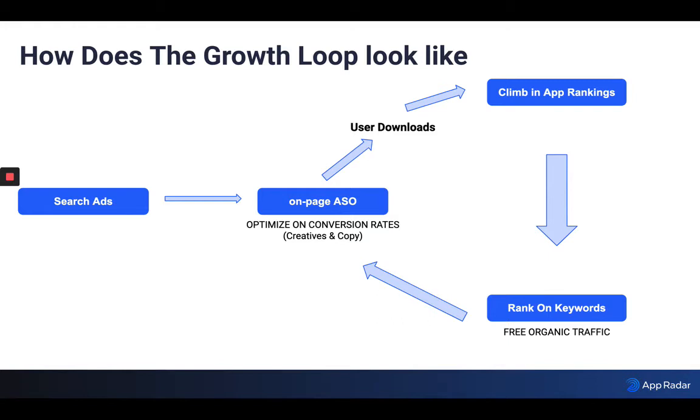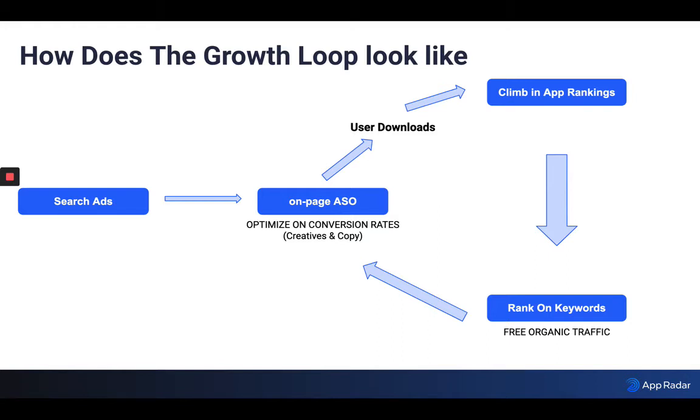means next time someone is going to look or type in that keyword again, your app will rank higher, and the higher you are, the higher chances that the person is going to click on your app and eventually download it. So it's like one loop.